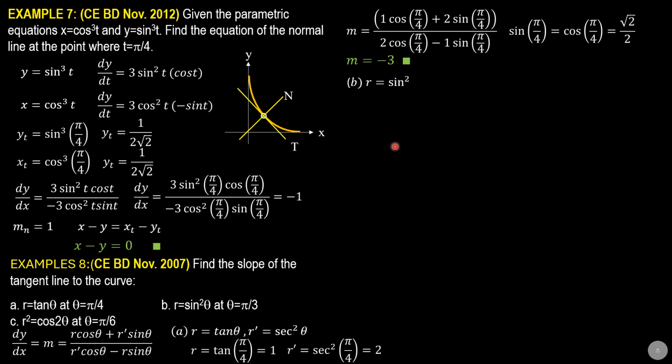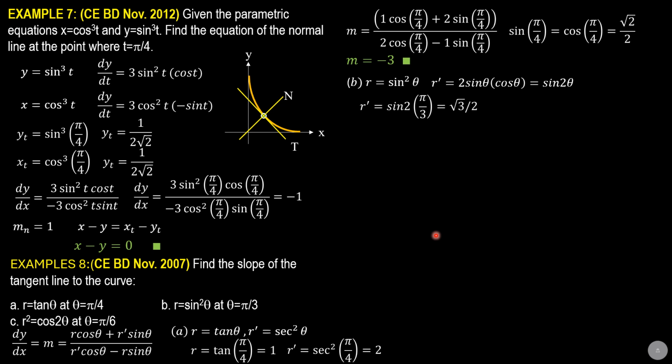For part B, r equals sine squared of theta at theta equals pi over 3. So r prime equals 2 sine theta times the derivative of sine, cosine theta. By double angle formulas, that's sine 2 theta. So r prime is therefore sine of 2 times pi over 3, and that is equal to square root of 3 over 2, sine of 120.